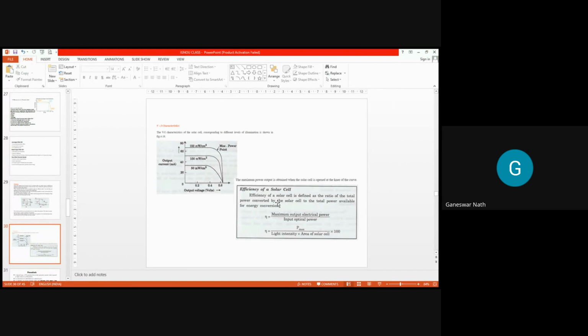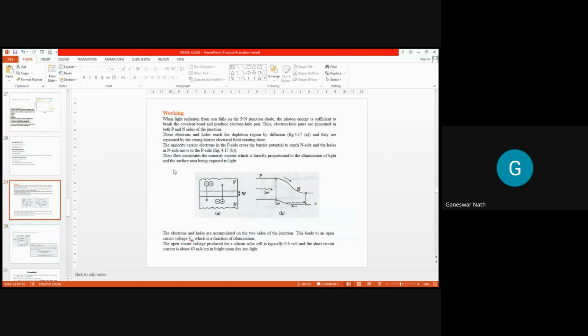So the mechanism of the solar cell, let me explain in detail here. I told you the compact explanation for that. So if you go to this energy band diagram, you can see this is the P type and this is the N type, and this middle layer is gallium arsenide.